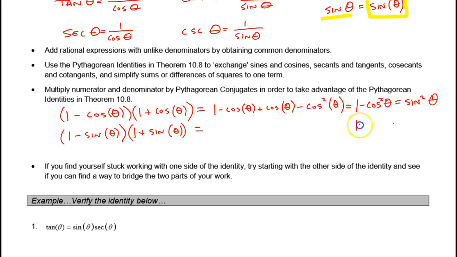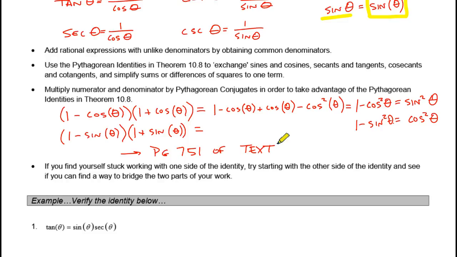We're going to get 1 minus sine squared theta, and that's going to equal cosine squared theta. Folks, there are more of these conjugate pairs, and I'm going to point you to page 751 of the text if you want to take a look at some more. But those two with sine and cosine are the ones that we'll use most often.